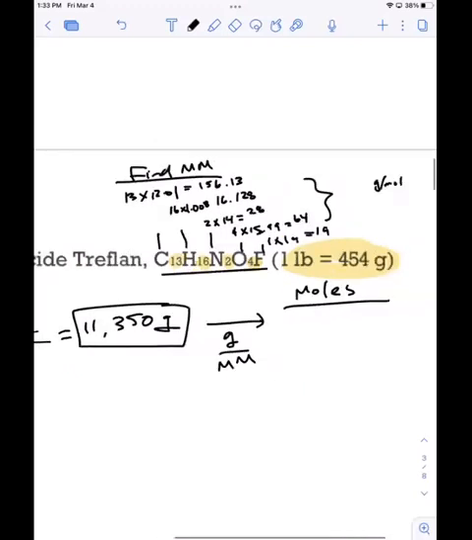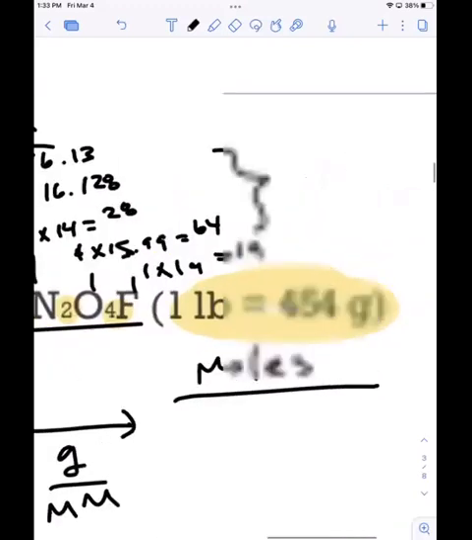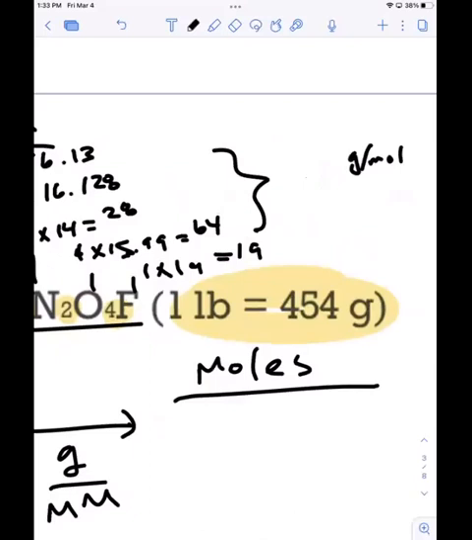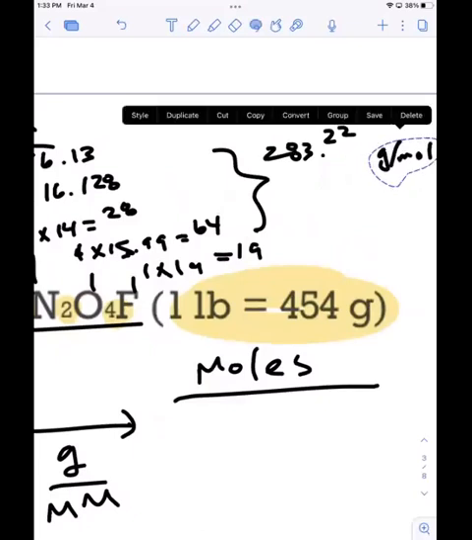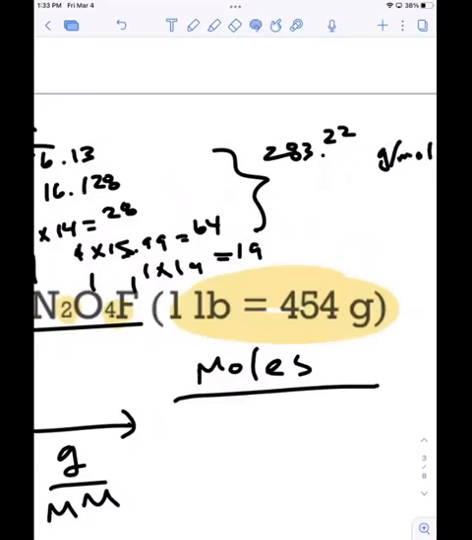All right. Anybody got the molar mass calculated yet? 283.218 grams per mole. You said 218, so let's say 283.22 grams per mole. All right, good. Now can we do the first part?